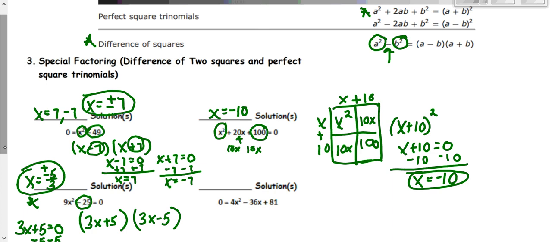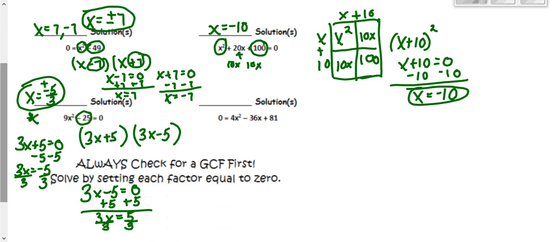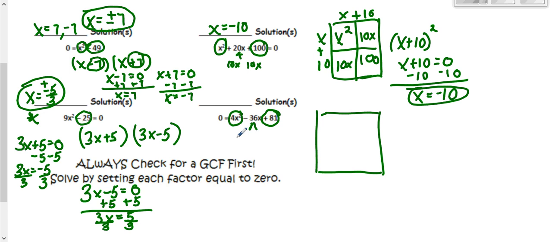So again, pause and try the next one. Okay, so looking at my next one, I can see my first is a perfect square, my last is a perfect square, and my middle can be divided up into negative 18 and negative 18.